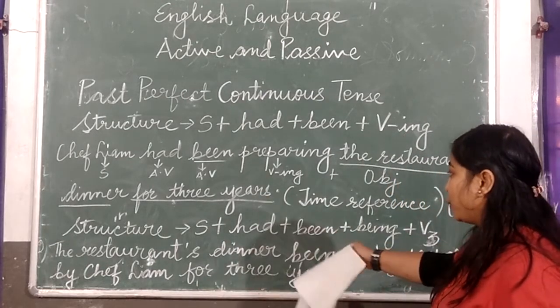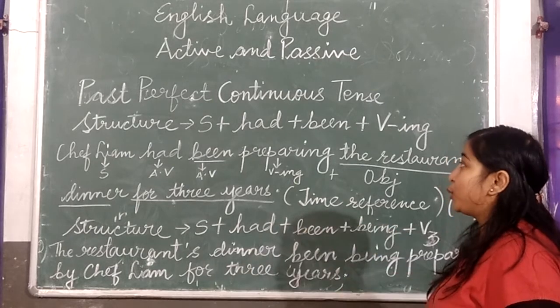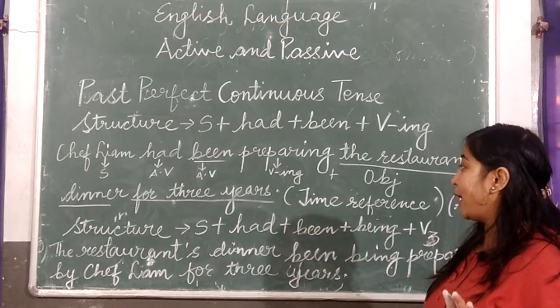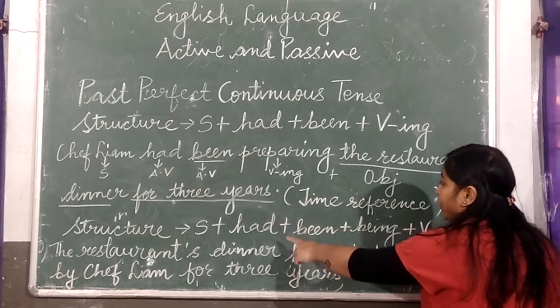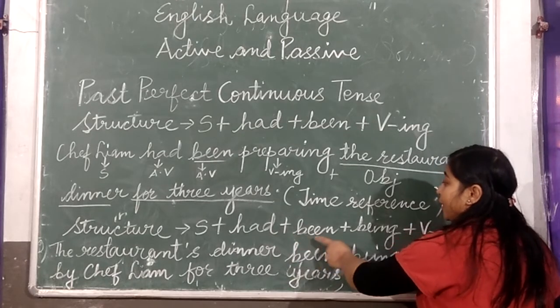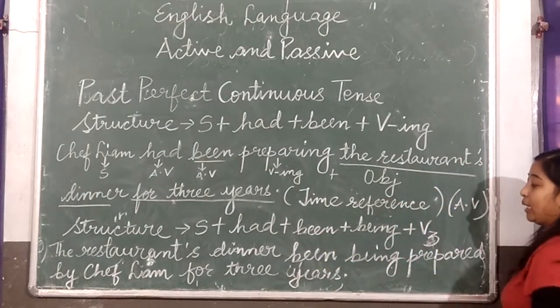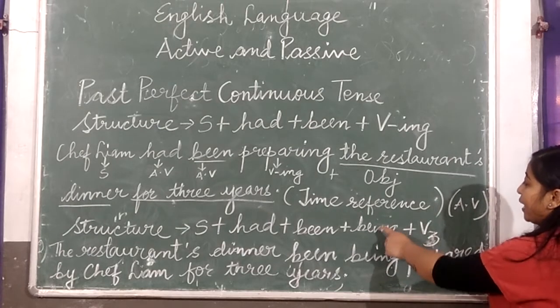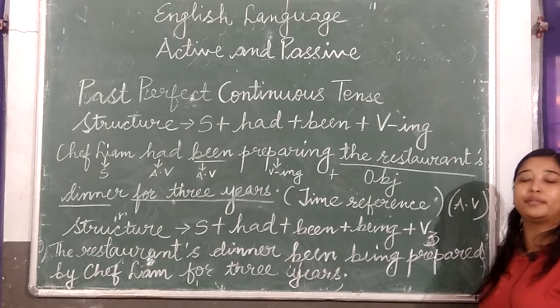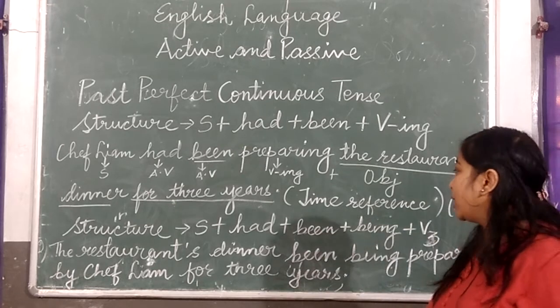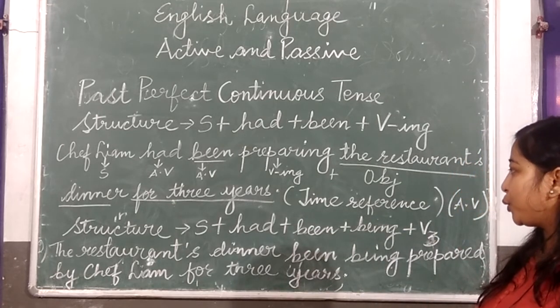The subject has to be there. Had has to be there because it's a perfect tense, isn't it? Perfect continuous. Had been. Been has to be there, plus you'll have to add being over there, plus V3 form of the verb, the past participle form of the verb.